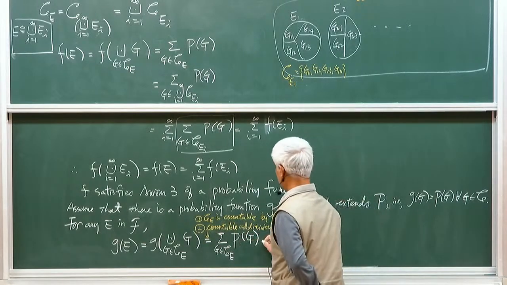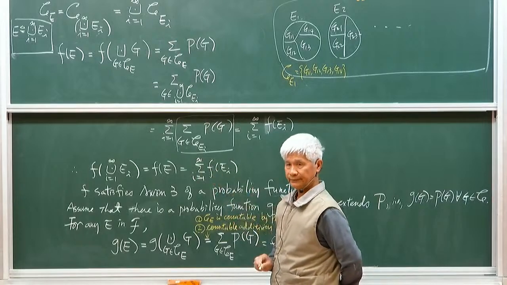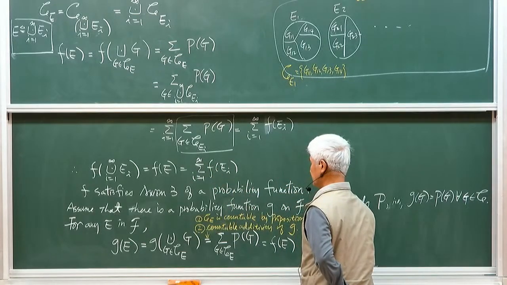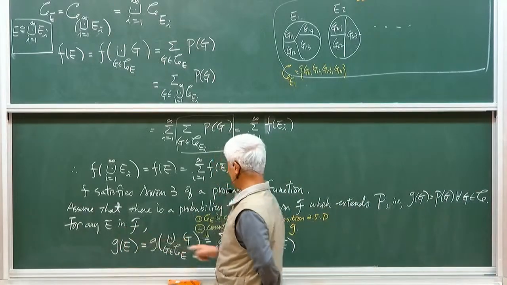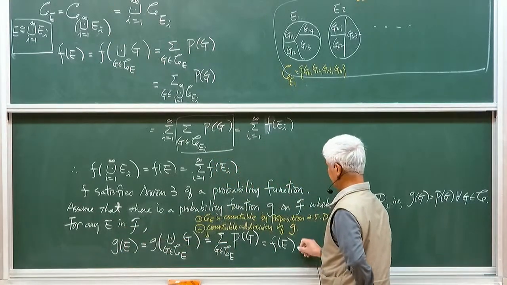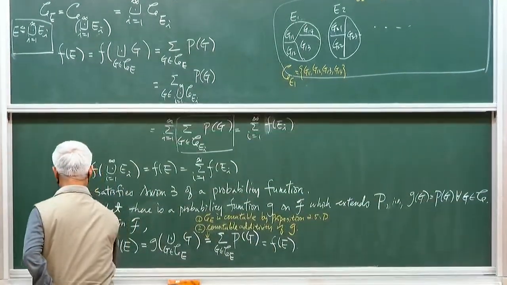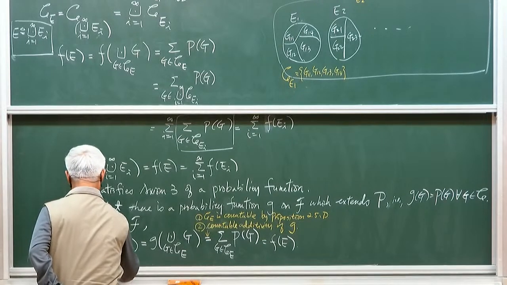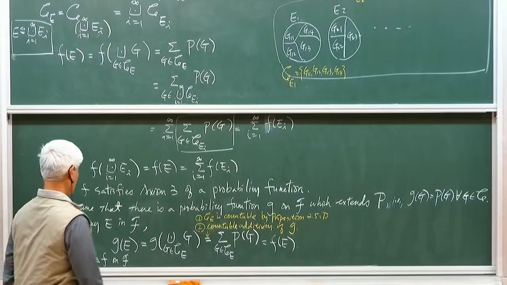But this is exactly P of E_F by definition. So for any event in F, G and P have the same value. Thus, G is identical to P on the sigma algebra.